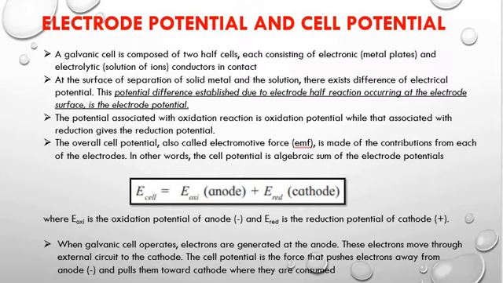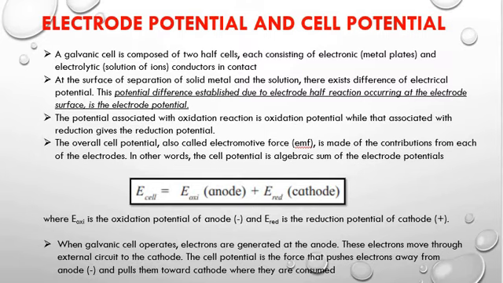I can say here the potential is associated with each half reaction, be it oxidation or reduction. The potential associated with oxidation is called oxidation potential, while when it is associated with reduction reaction, it is called reduction potential.